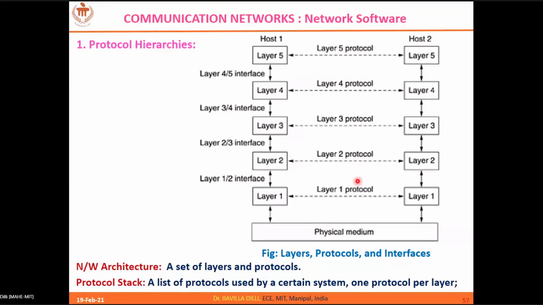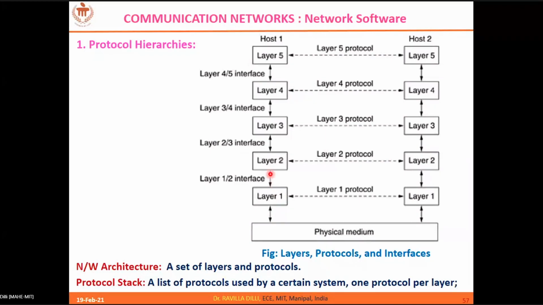The definition of protocol is a set of rules that you need to follow in order to communicate with a peer entity. So if I consider the entire host as one entity, then protocol tells you what rules and regulations you need to follow as a host in order to communicate with the other host in the network. So the other host is a peer entity.